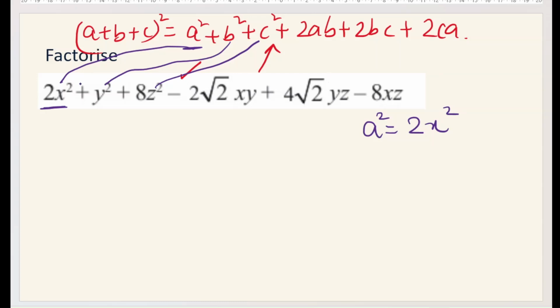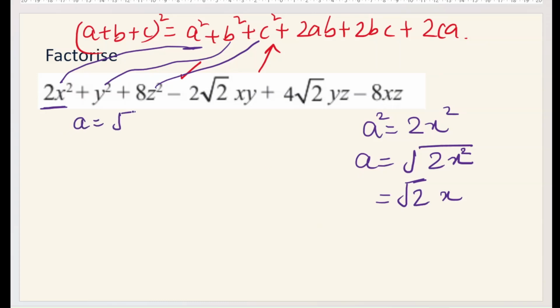So let us say A square is 2x square. Then A is equal to square root of 2x square, that means square root of 2 into x. So A is equal to square root of 2 into x. Now let us see what B is. B square is y square, that is clear, so B is y.